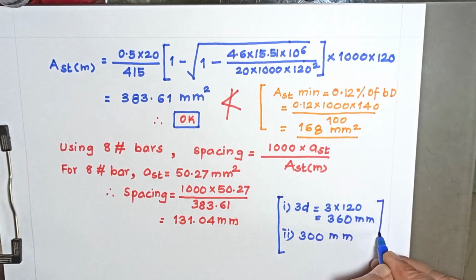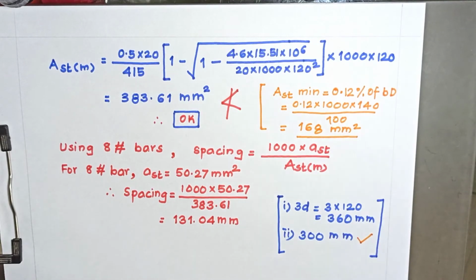Whichever is less, you can very easily understand the lesser value of the two is the second value. And very important, the spacing which we have calculated is not greater than 300 mm. Therefore, it is okay. So in this manner, we have calculated the main reinforcement.